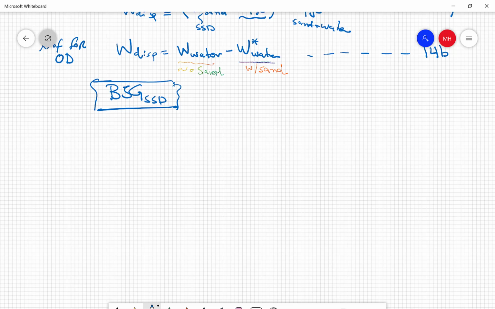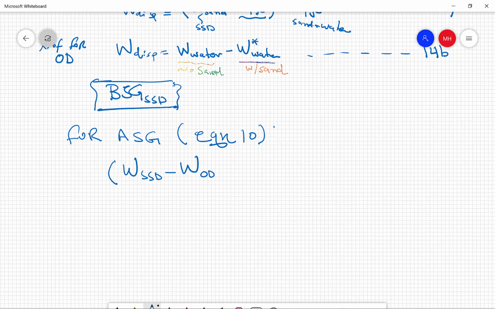So the denominator of the equation becomes the weight of the aggregate in SSD condition minus the weight in oven dry condition.